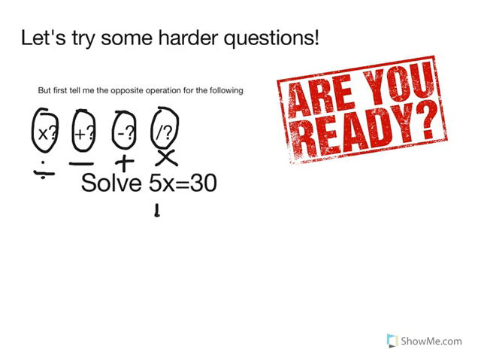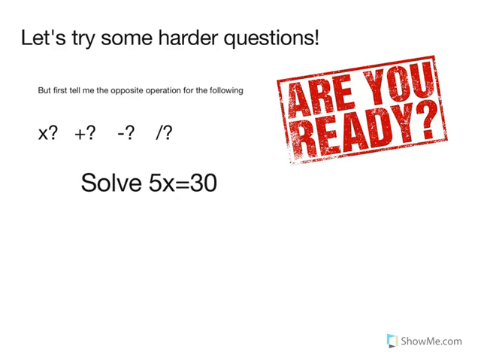Because 5 is next to x, that really means 5 multiplied by x. So we need to get rid of the 5 in order to get the variable by itself.